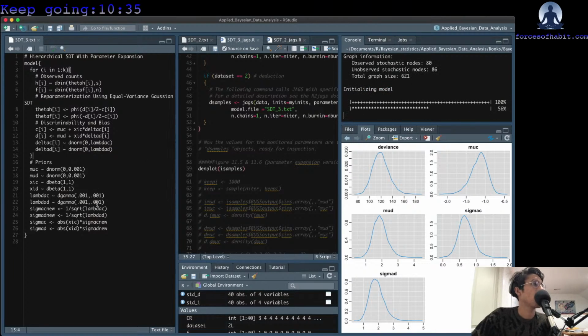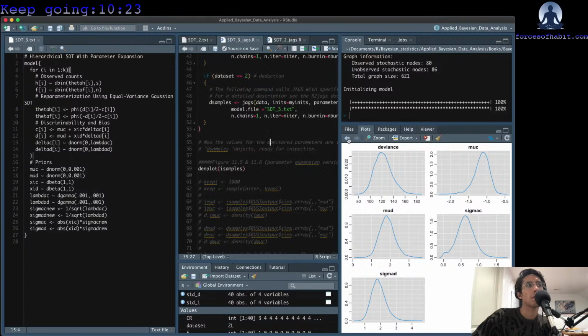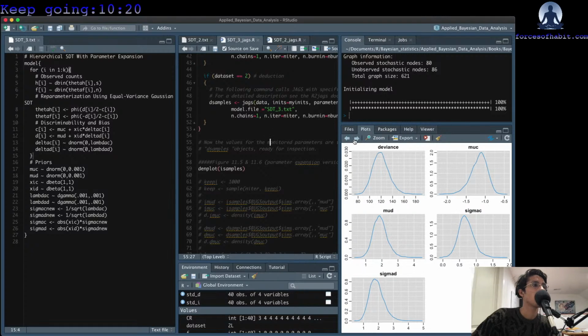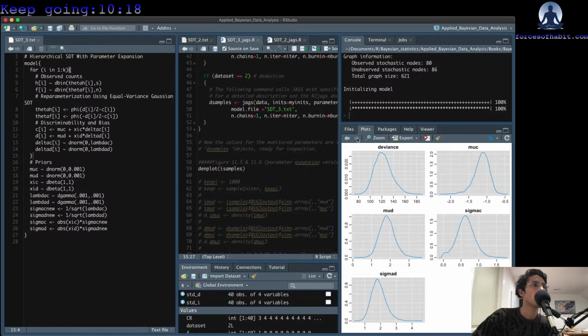So we make this less precise, add a little stochasticity, and we get the same results. Distributions are just longer. It's interesting. So that seems to be the answer here.